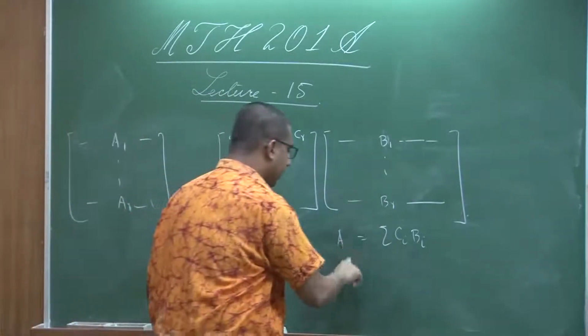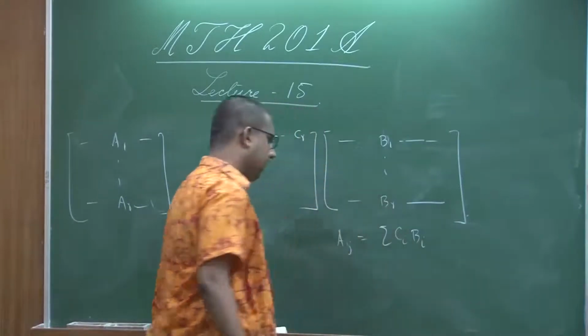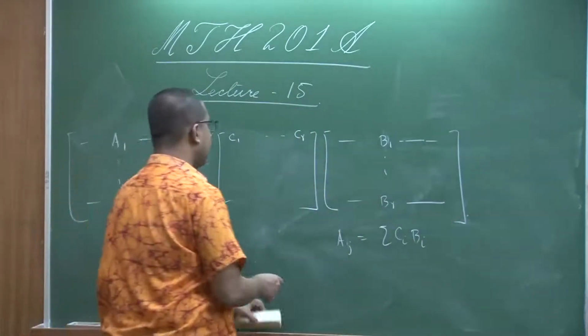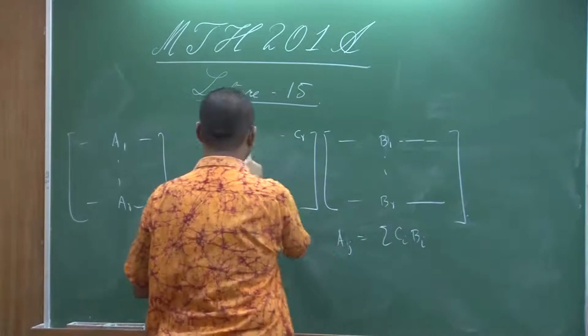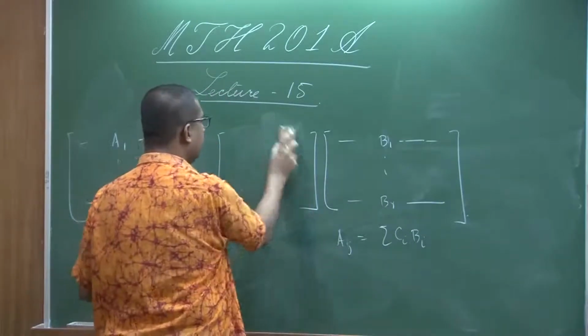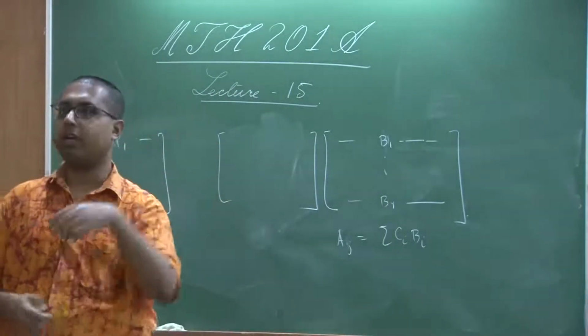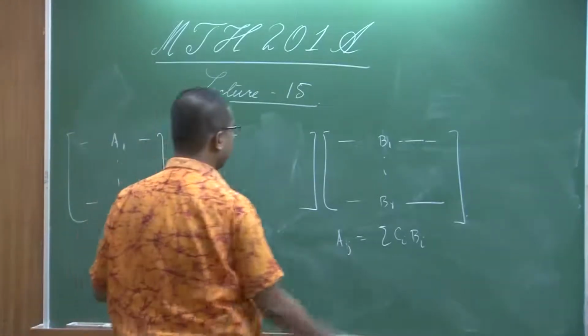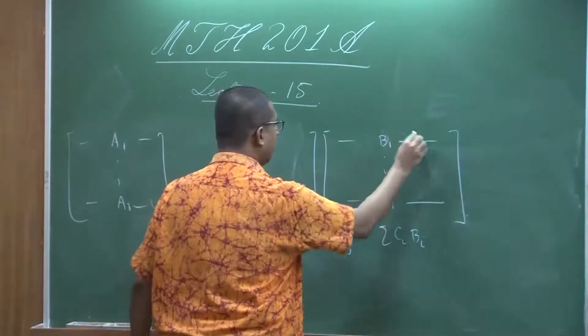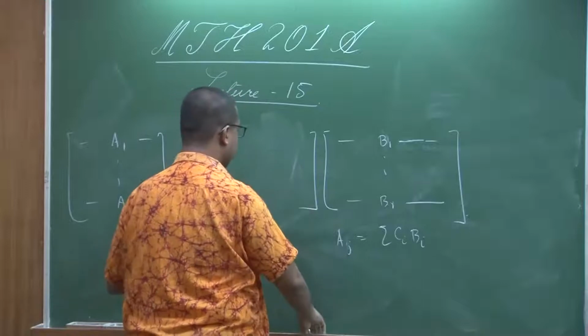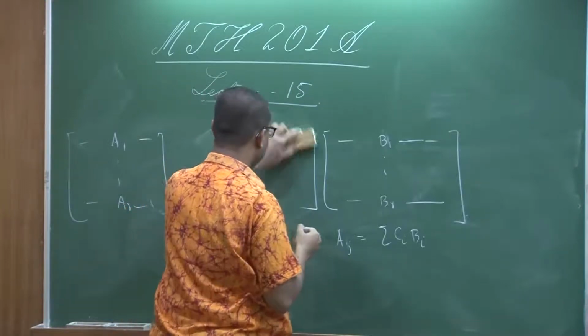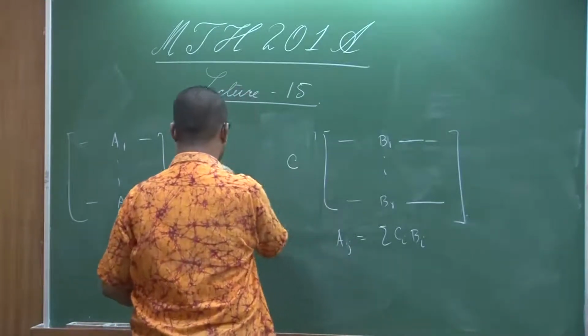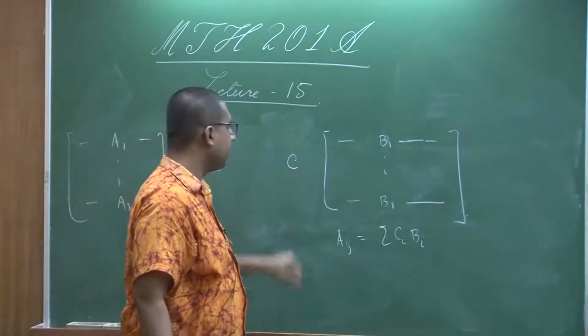We can do this for any Aj, and that gives us a matrix. We have already seen this in the proof of row rank equal to column rank: given a matrix, we can construct another matrix C such that this is happening.